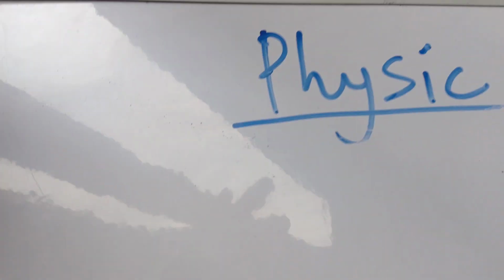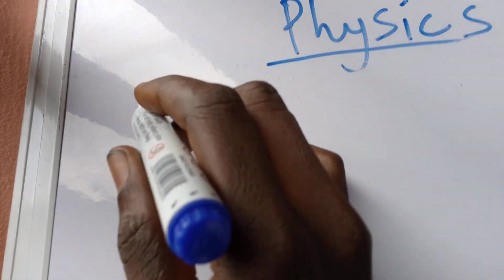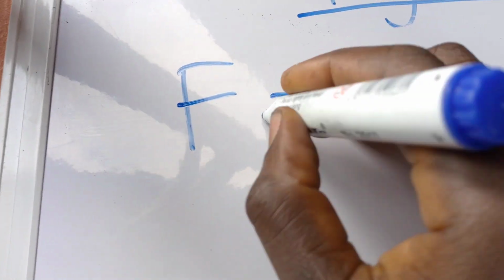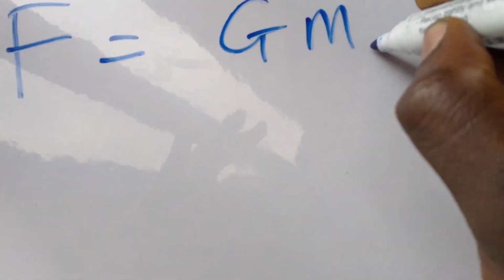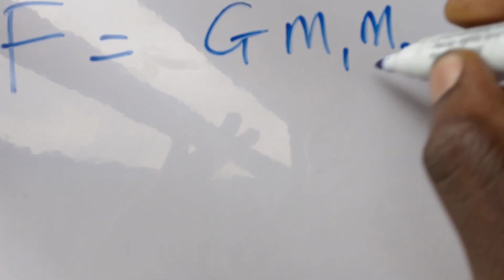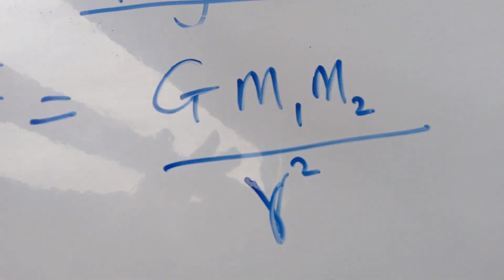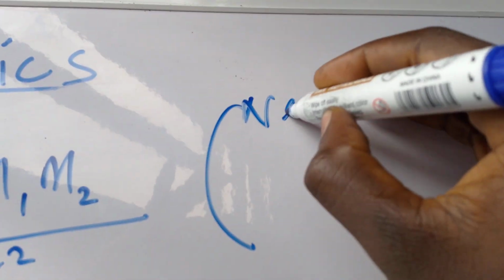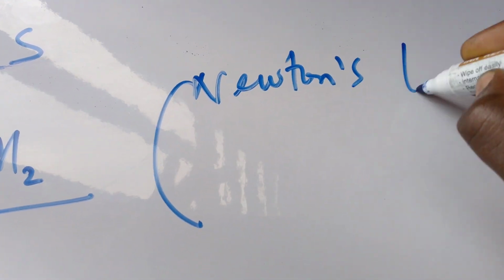Then we'll proceed. From Newton's law of universal gravitation, we know that F equals G m1 m2 over r square. That is Newton's law of universal gravitation.